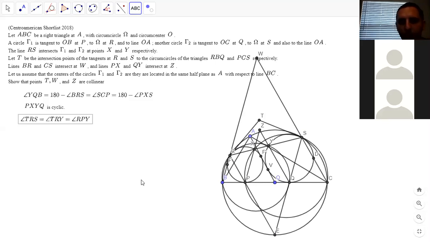Do you guys see why YSXPC is cyclic? I forgot why. It looks like an angle chase, but I don't see it all the way through.